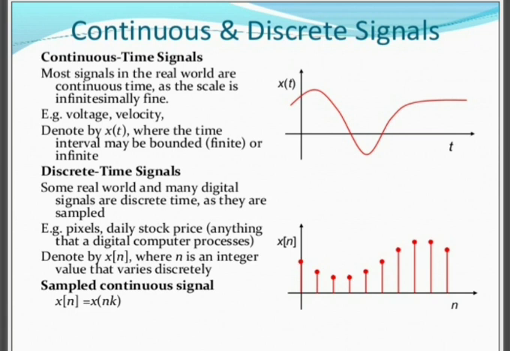Now the discrete time signal. Some signals in the real world and many digital signals are discrete time, as they are sampled. For example, pixels, daily stock price, anything that a digital computer processes. It is denoted by x[n], where n is the integer value which varies discretely.